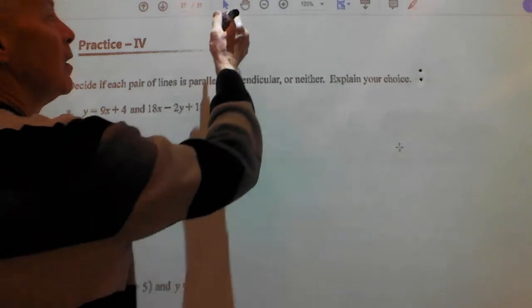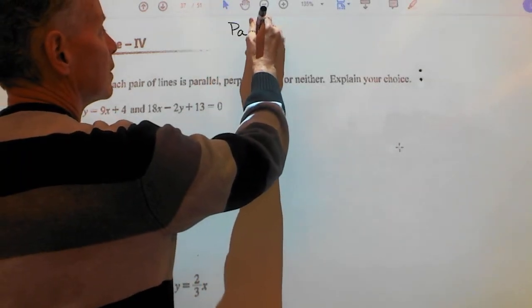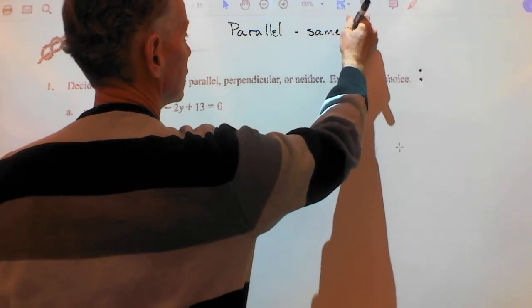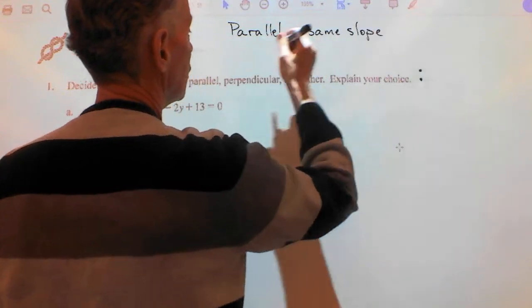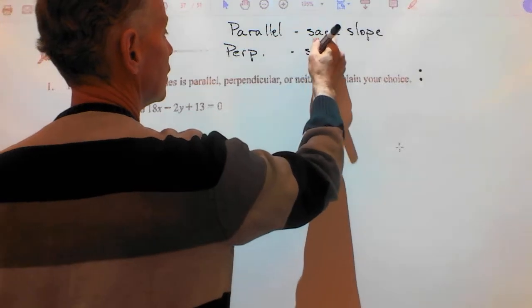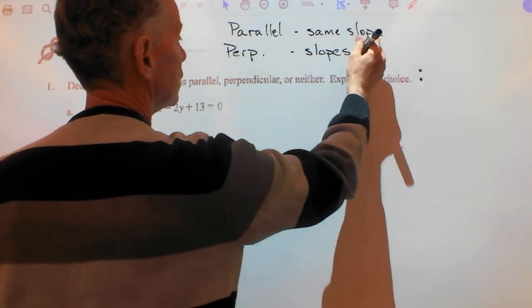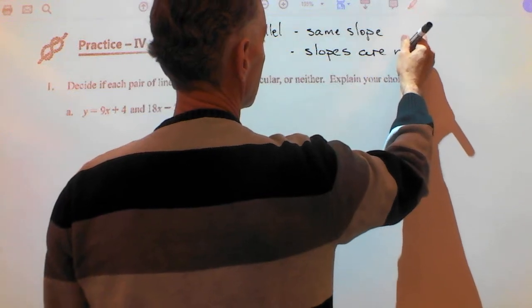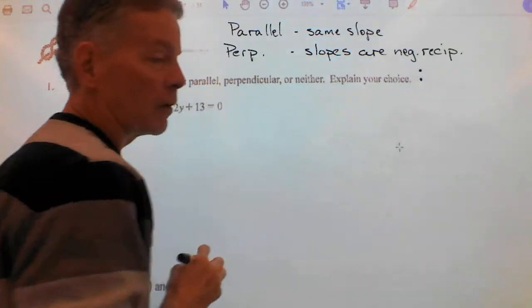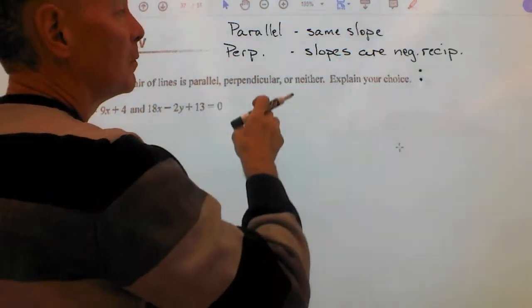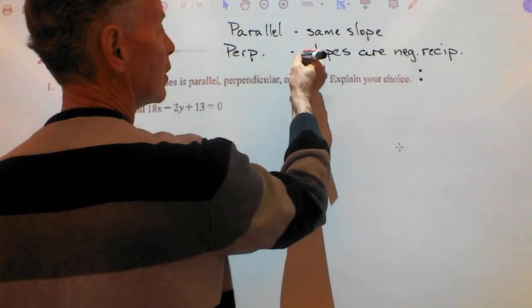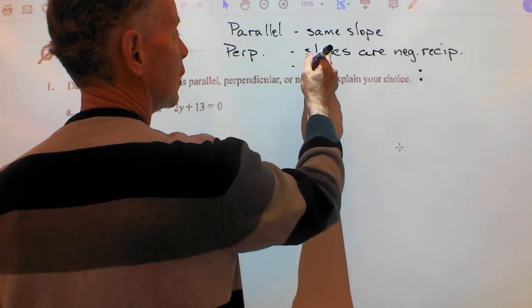And remember, parallel lines have the same slope, whereas perpendicular lines have slopes that are negative reciprocals.